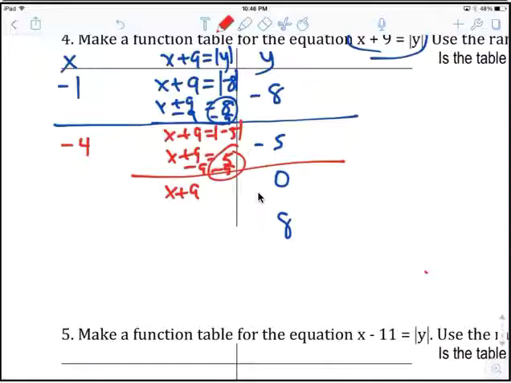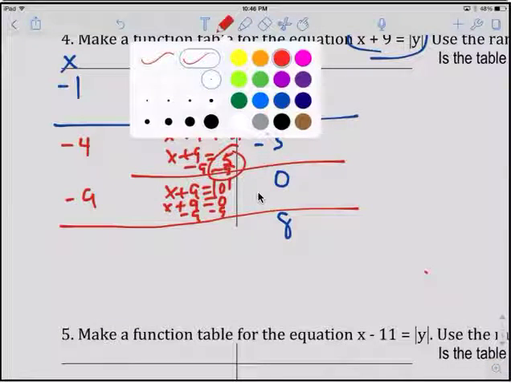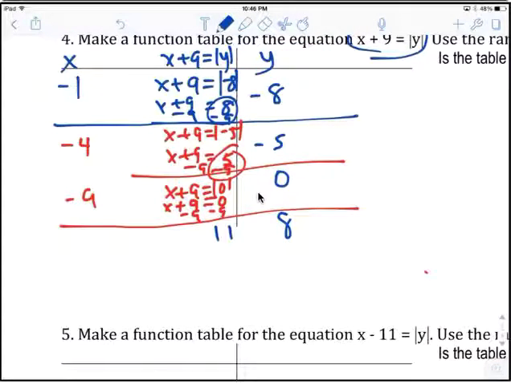x plus 9 equals the absolute value of 0, which is 0. 9 plus x minus 9, so you get negative 9. And my last one is 8. Absolute value of 8 equals x plus 9. That's 8 equals x plus 9, minus 9 both sides. X is negative 1.